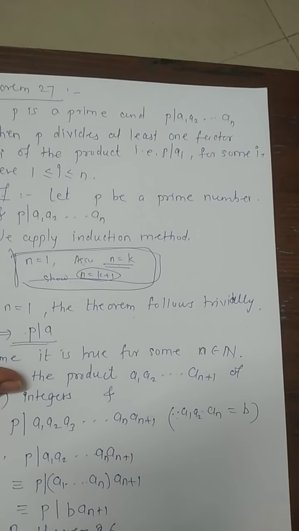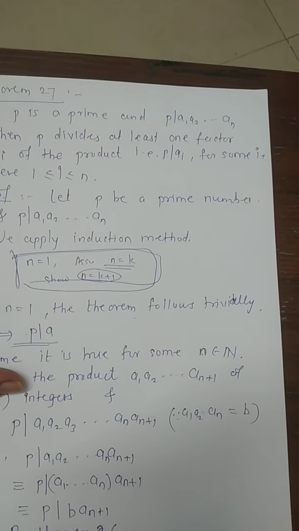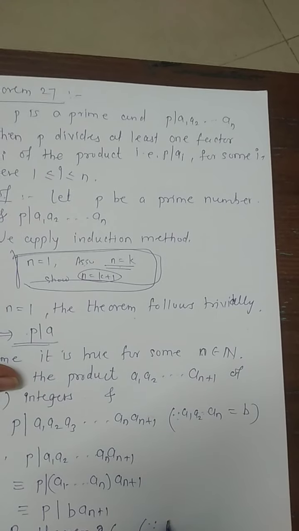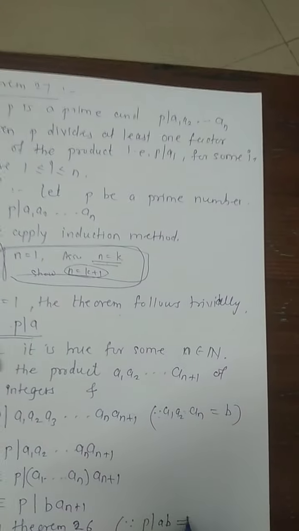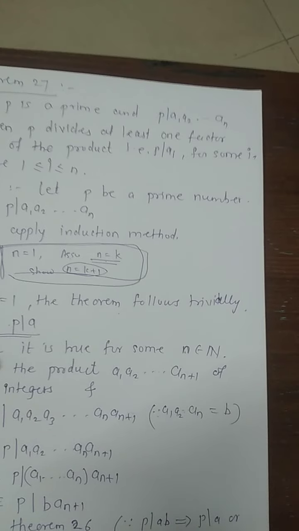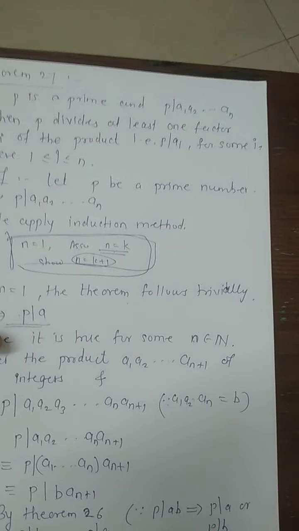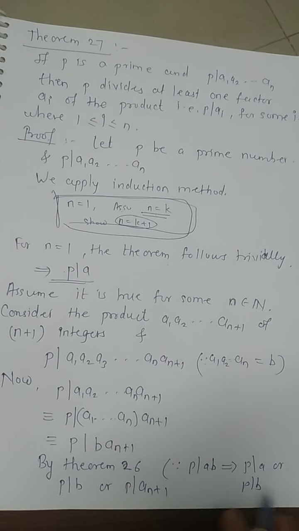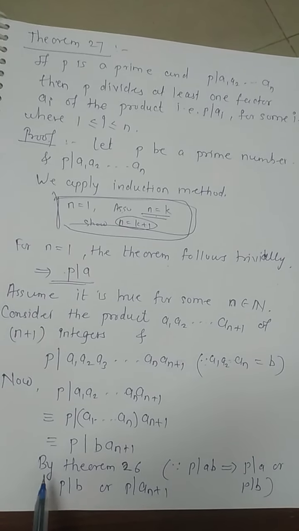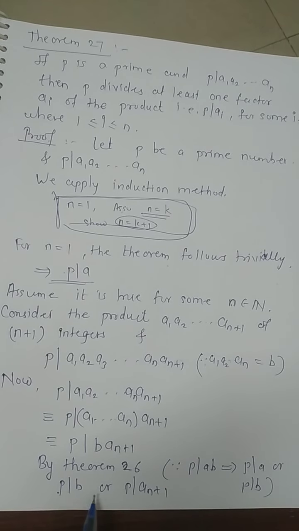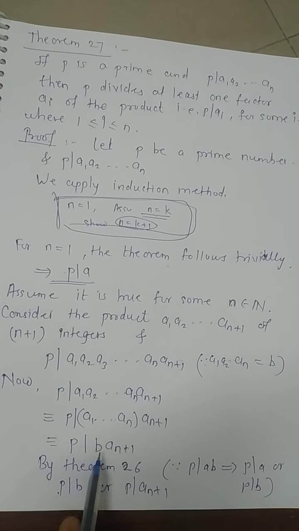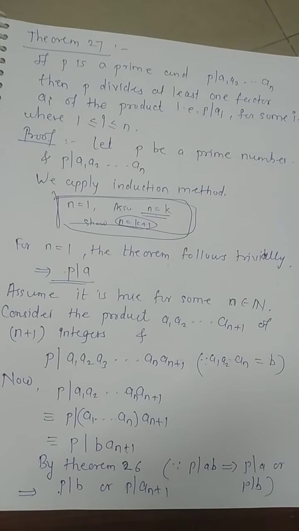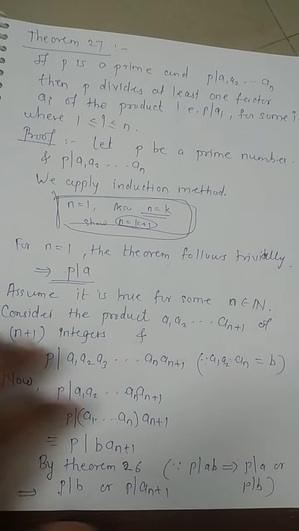Read theorem number 26. What is the statement? If P divides AB, this implies P divides A or P divides B. So by theorem 26, if P divides B into An plus 1, this implies either P divides B or P divides An plus 1.